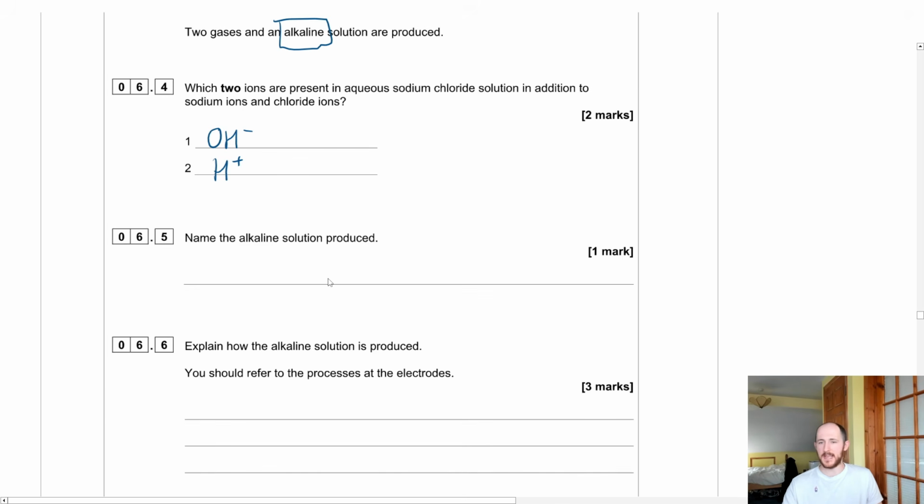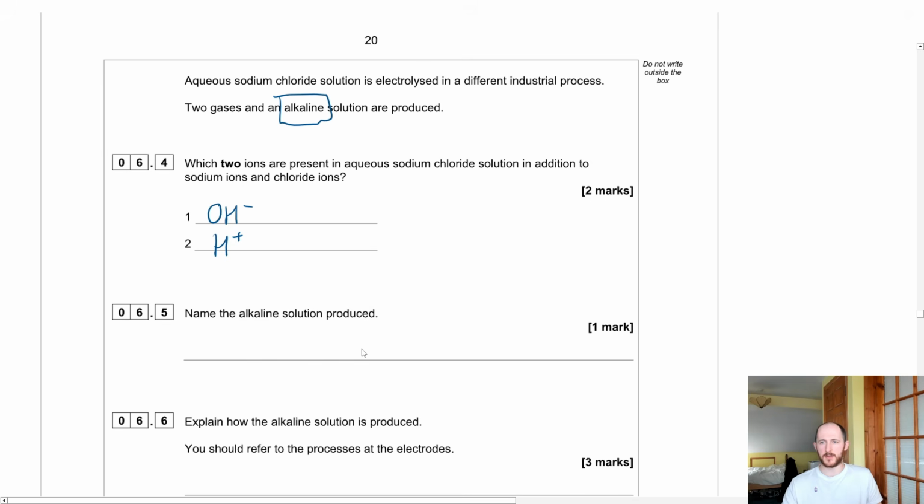And what is the name of the alkaline solution produced? Well, we have sodium chloride being split up, and the sodium is going to react with the OH minus ions to make sodium hydroxide, which is also NaOH if you prefer. And again, how do I know this? Well, sodium, the Na, as we know, makes a +1 ion.